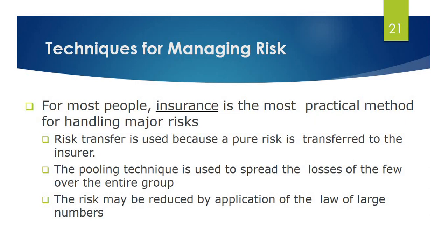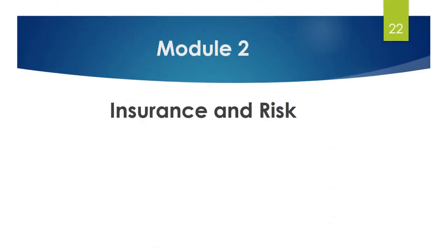The individual can also use techniques like risk pooling, or risks may be reduced by application of the law of large numbers. So we will learn the detail about these things, risk pooling and application of the law of large numbers, in week 3 or week 4. That's all about this module.